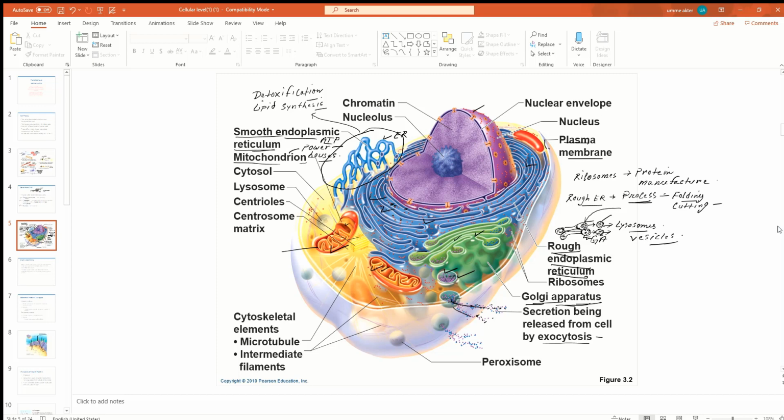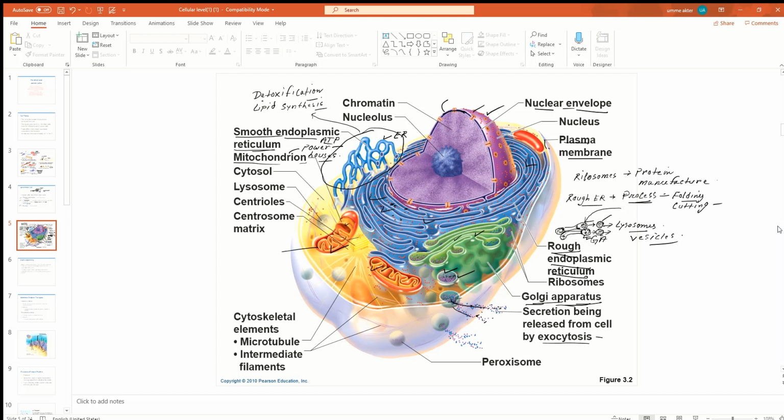Also see the nucleus. This is the nucleus, and it is covered by a membrane called the nuclear envelope, like a cell is also covered.